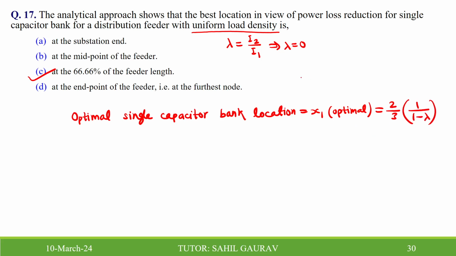For uniformly distributed load, since I2 is equal to 0, there is no reactive component current at the end of the feeder. So lambda will become 0. So if you put this, it will become 2/3 into 100%. So it is 66.66% of feeder length.